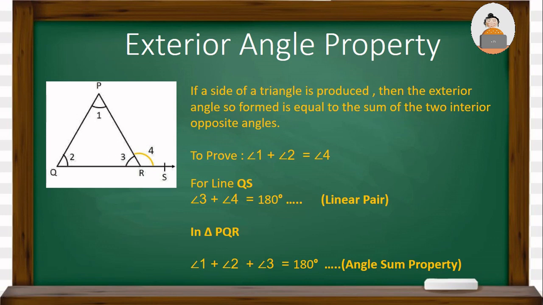So if we equate these two equations, we will get angle 1 plus angle 2 equal to angle 4, which means the exterior angle produced by extending a side of the triangle will be equal to the sum of the two opposite interior angles.